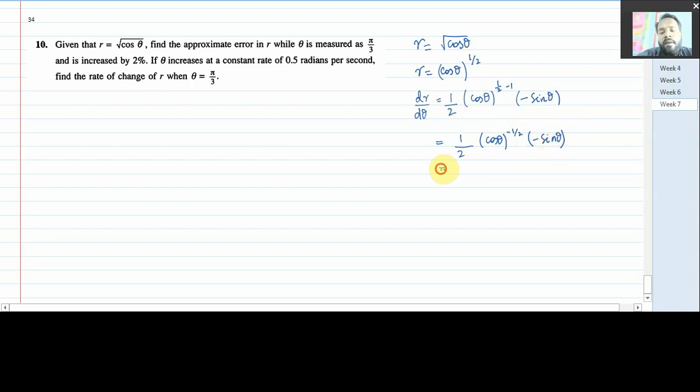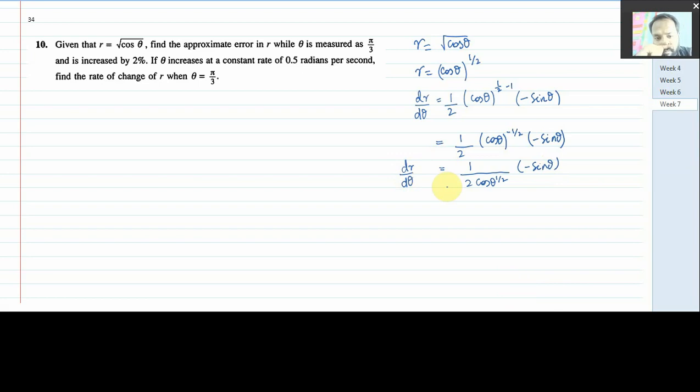If I arrange it, cos theta has a negative power, right? If you shift it to the denominator, that power becomes positive, so it's cos theta to the power 1 upon 2, and in the numerator we have minus sine theta. So that is my value for dr over d theta.